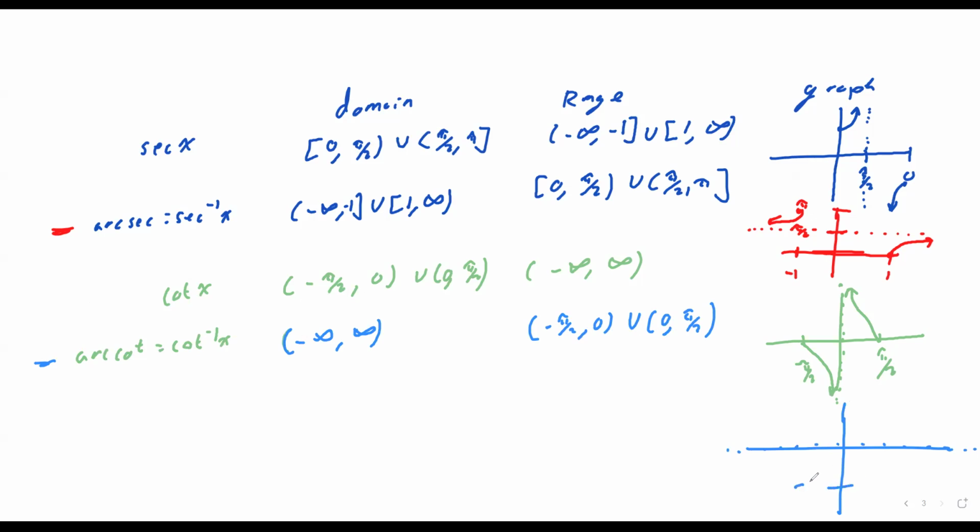Here is negative pi halves. Here is pi halves. And then here is -1. Here is +1. So what I'm looking at now is at that point here, it'd be an open circle, and I would go this way with it. And then here I'd go open circle, and then I would go this way with it.